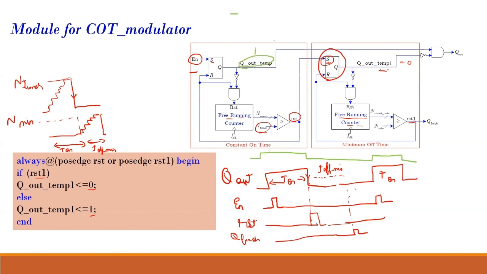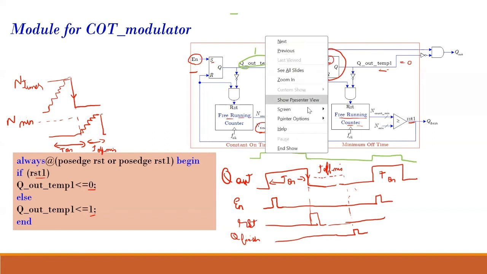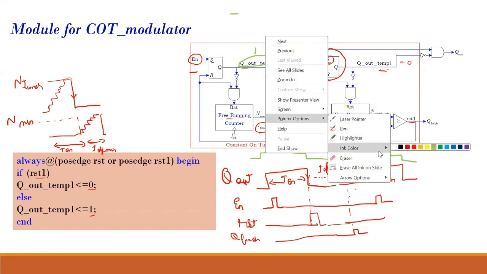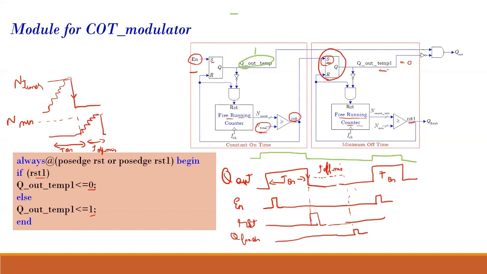Then the yellow: Q out temp 1 is given by yellow. So after this Q out temp is over, then my Q out temp 1 will come like this, exactly not of that. Yeah, it will be not of that.